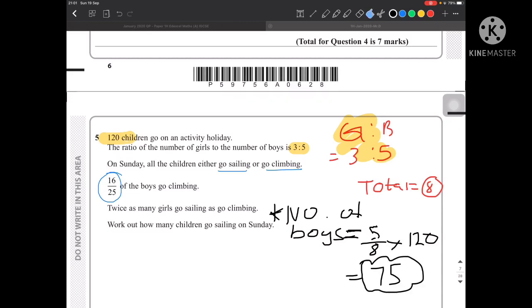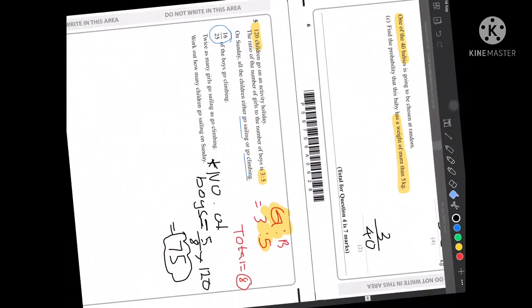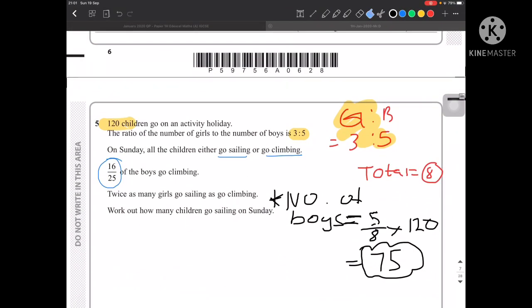So what do we do next? We have 75 boys, and 16 out of 25 go climbing.